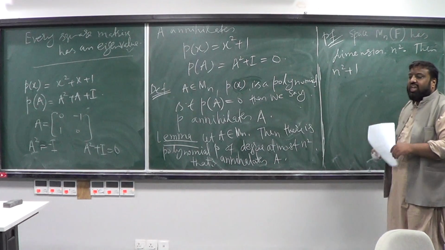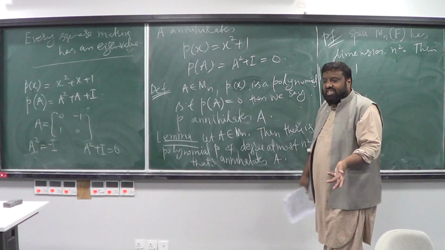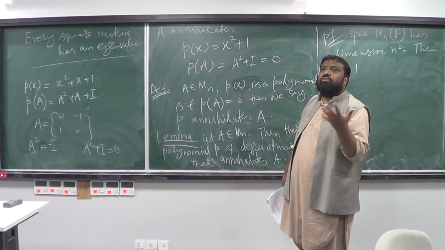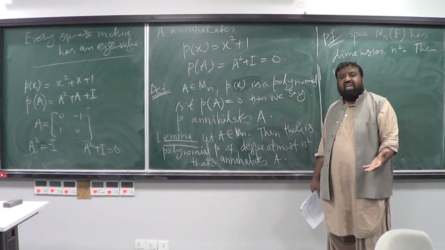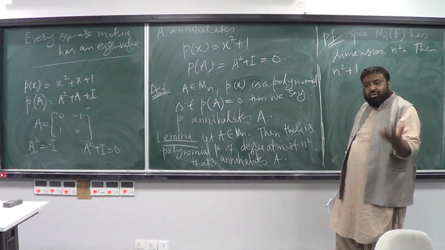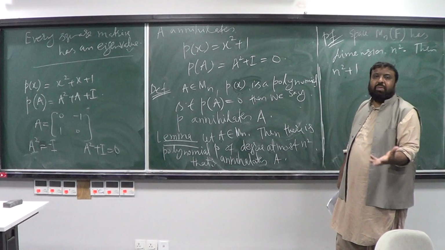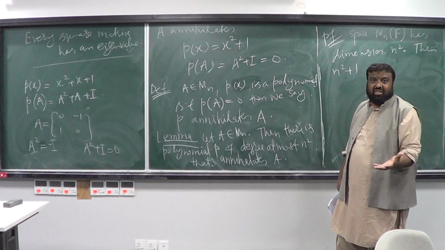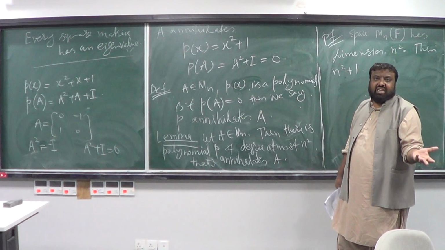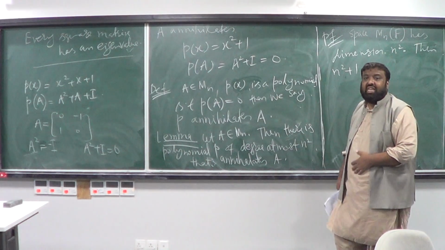In other words, if you have a three-dimensional vector space R3 and you take 4 vectors, then those 4 vectors must be linearly dependent. One of the vectors must depend on the other 3.